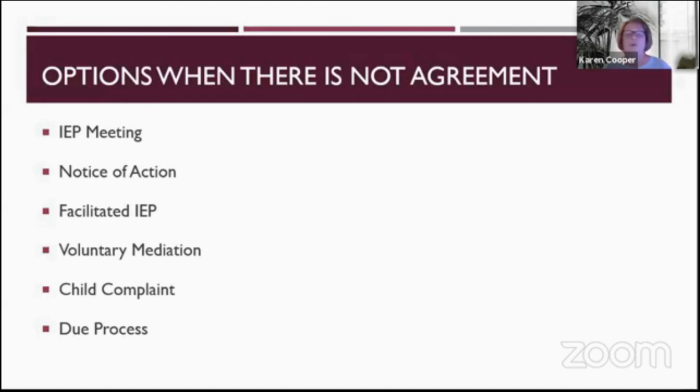So if a parent requests a goal, an accommodation, a service, something be inserted into the IEP, and the district refuses to do that, parents are entitled to that notice of action refuse. And it's okay to ask for that notice of action refuse.